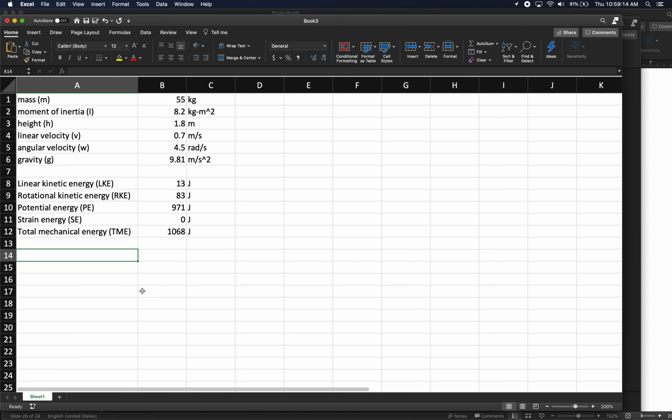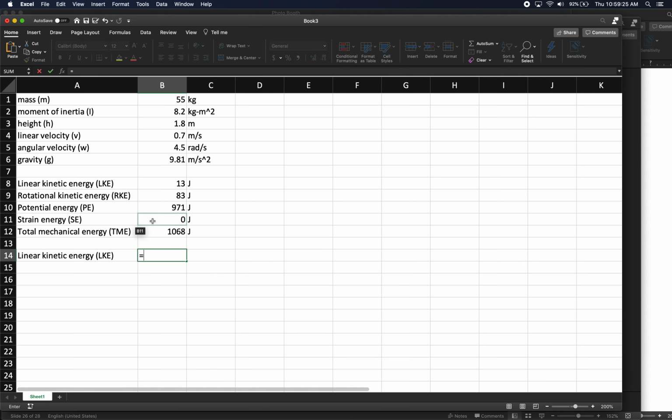So in this second part of the problem, the only type of energy I have is linear kinetic. And how much do I have? Well, it's equal to what my total mechanical energy was in the previous problem. Now remember that linear kinetic energy equals 1/2 times mass times velocity squared.